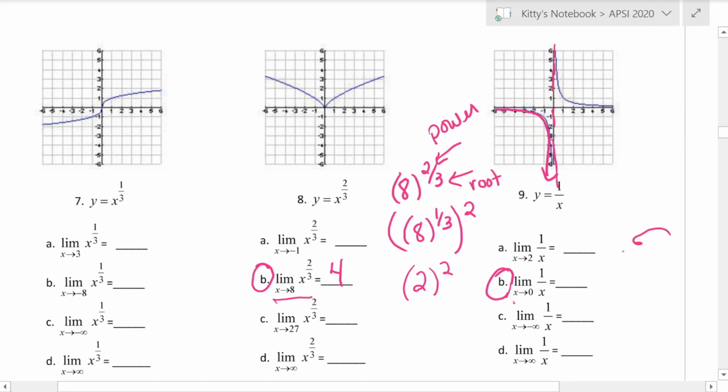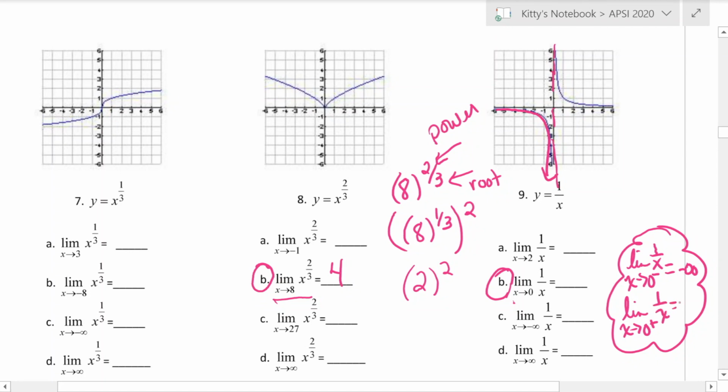So I'm going to think about this for a minute. So the limit as x approaches 0 from the left is negative infinity. And the limit as x approaches 0 from the right, I haven't done that yet. So let's get on the function to the right of 0. It goes up forever.